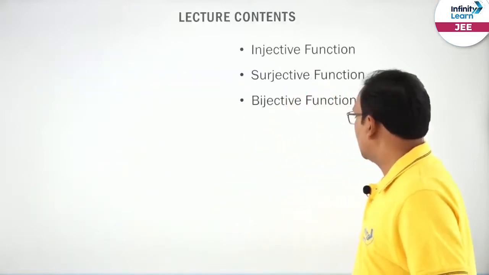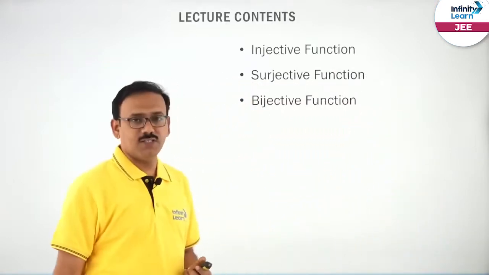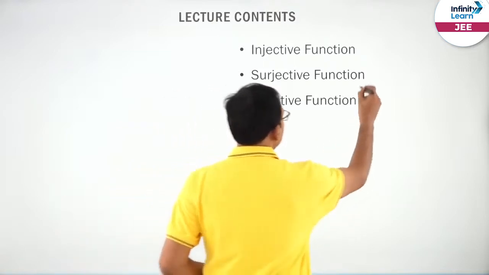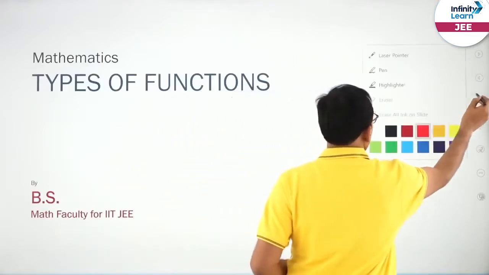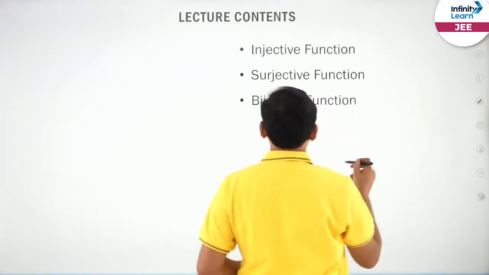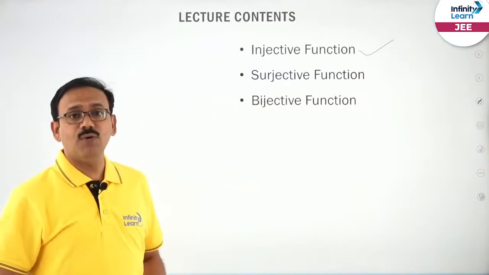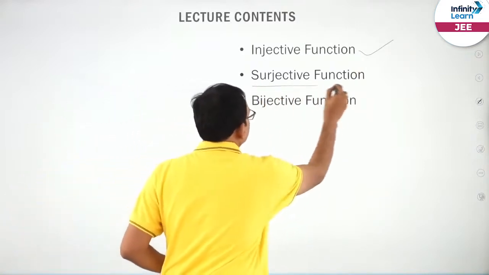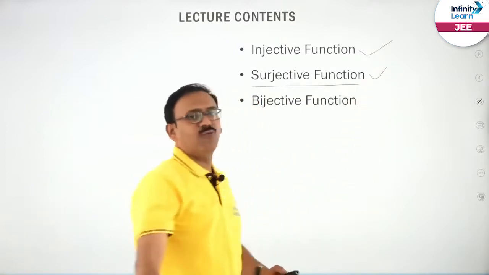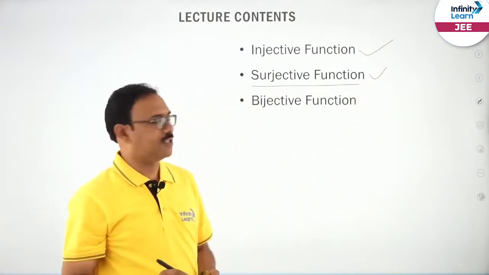In the last class we have seen types of functions. First, injective function, which is also known as 1-1 function. Second one is surjective function, which is also known as onto function.